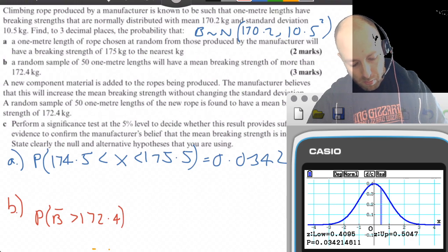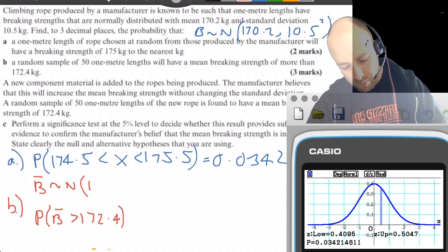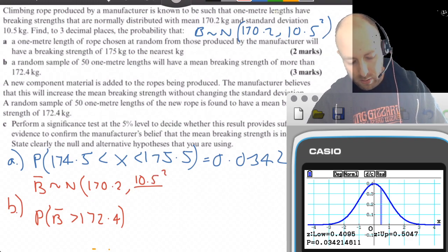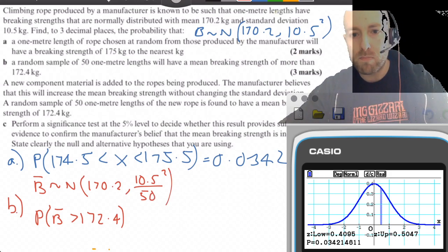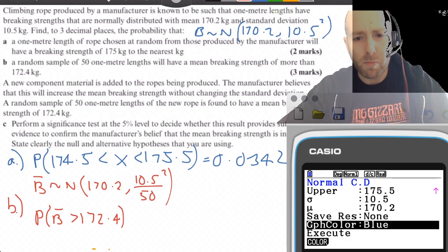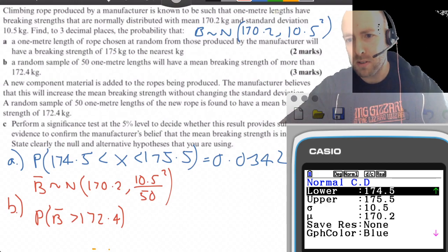And we know the mean distribution is same mean, 170.2, and sigma is 10.5 squared over 50. So it's the same thing really, but using the mean distribution instead of the basic one. I always have to be careful saying the normal distribution or the standard because standard means something as well.